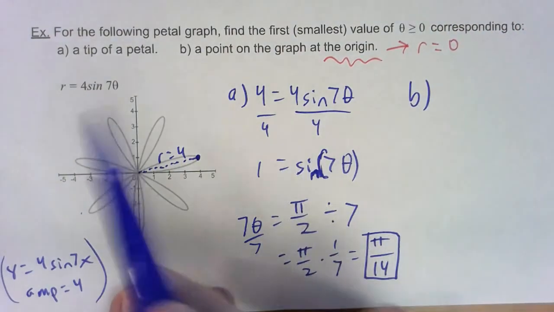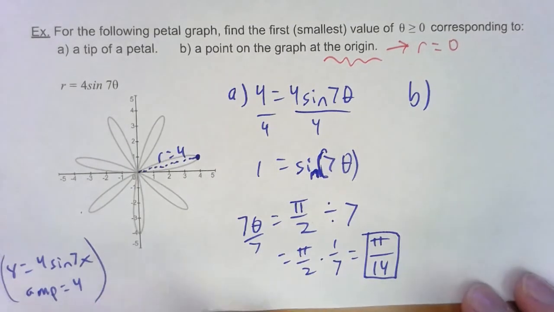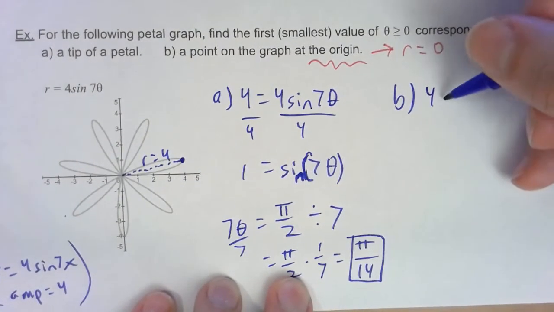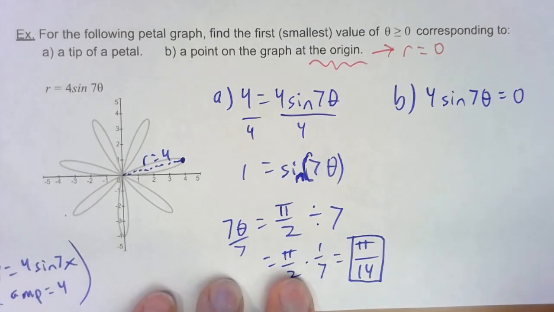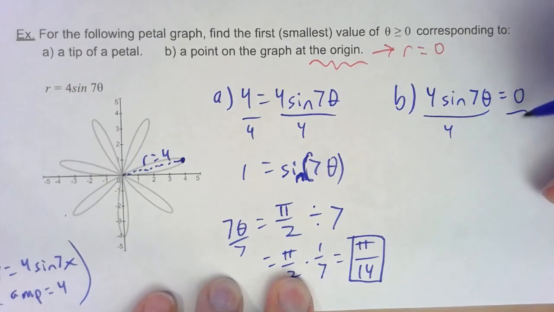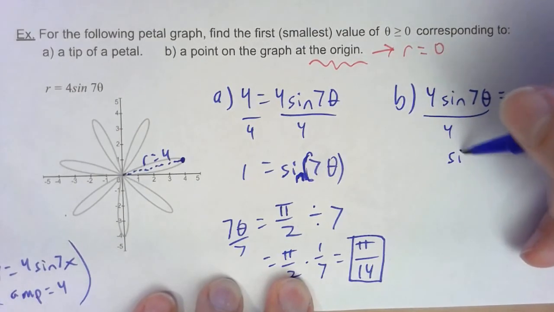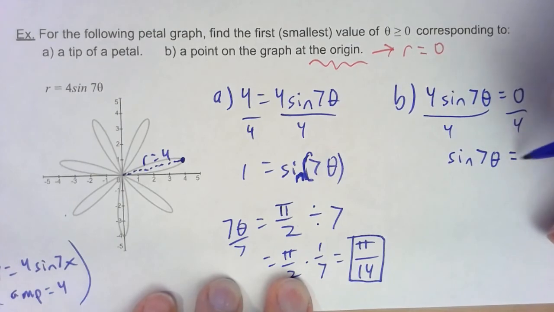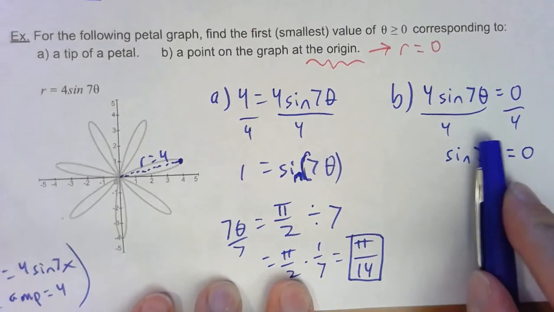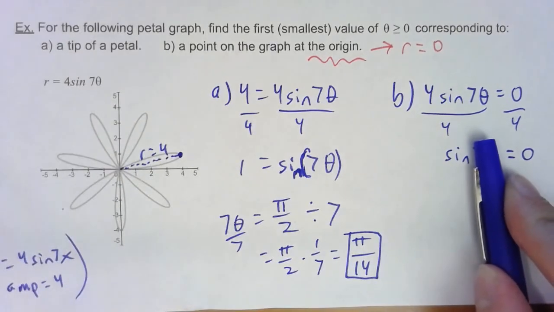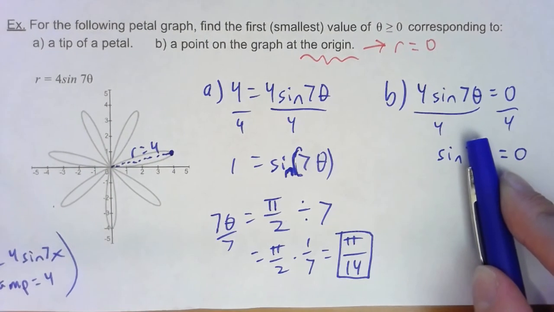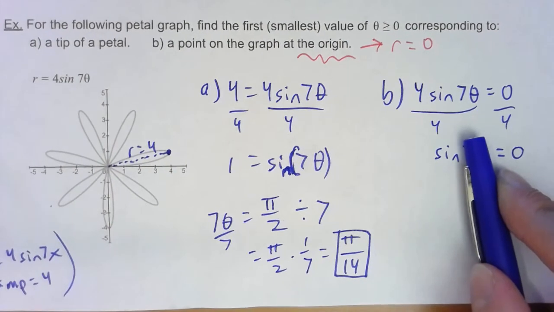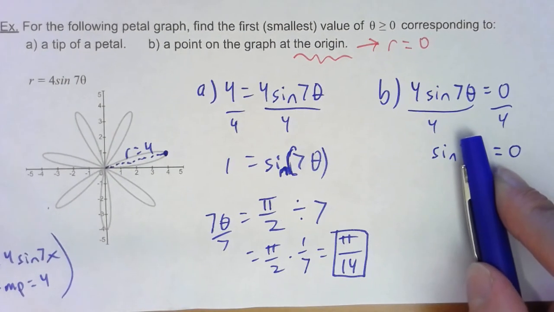So this time, instead of setting the equation equal to 4, now we'll set the equation equal to 0. We'll look for 4 sine 7 theta to equal 0. So we'll divide both sides by 4. So we want sine of 7 theta to equal 0. Again, we'll ignore that 7 theta for a minute, and we'll think about, well, when would sine be 0? So if we think about the unit circle, we want the y-coordinate to be 0. And so the y-coordinate being 0, that's either 0 or pi.